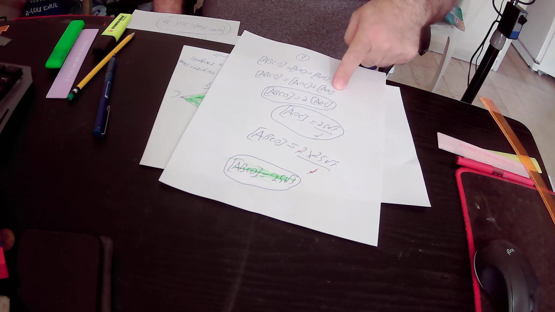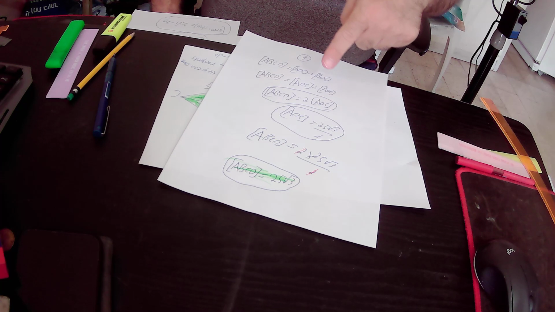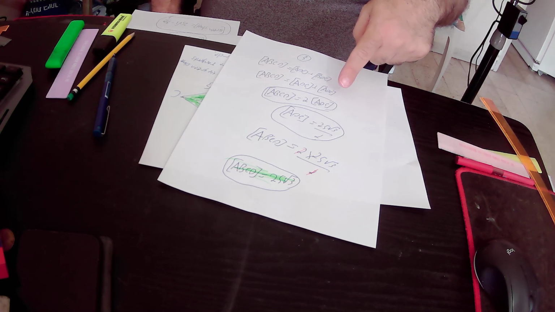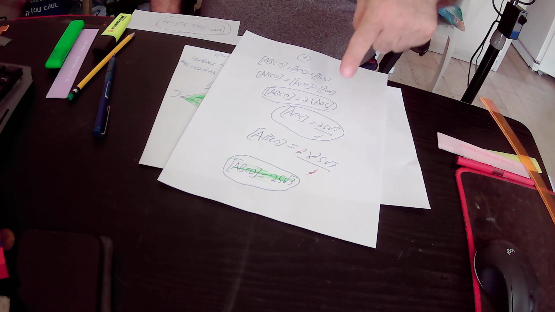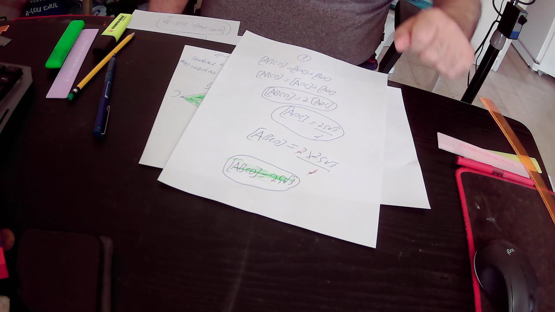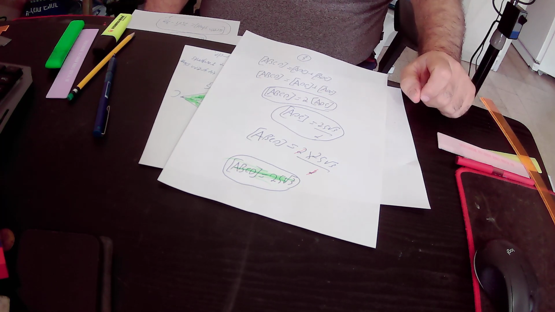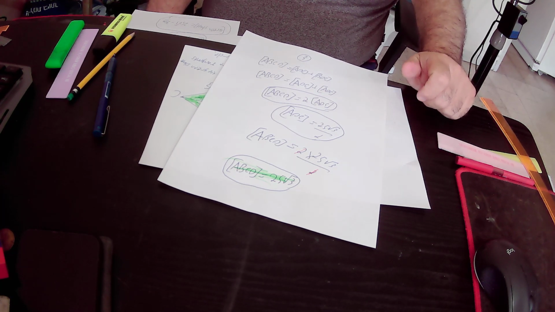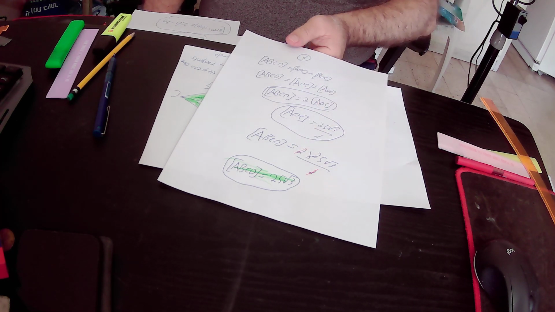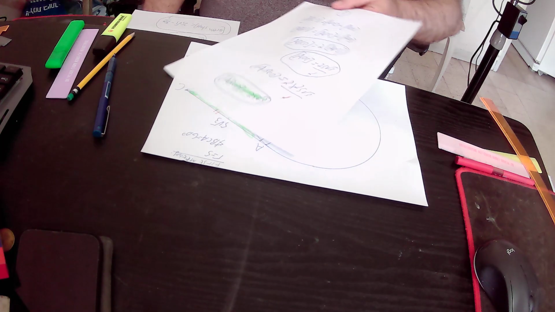So we got that the area of quadrilateral ABCO equals 2 times the area of triangle AOC, which is 25 times root 3 over 2 square units. So the area of quadrilateral ABCO equals 25 times root 3 square units.